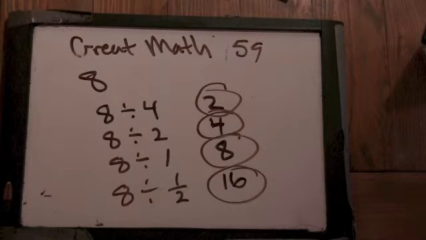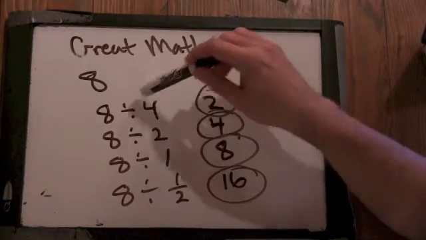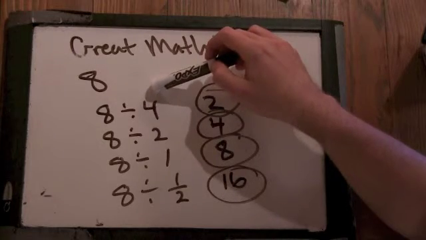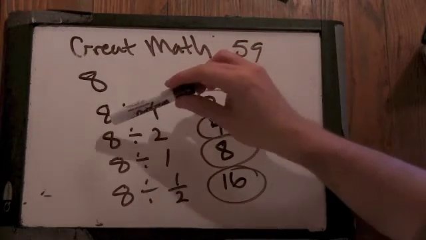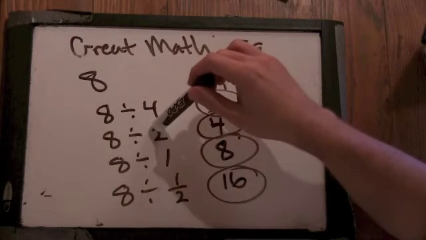There's lots of other ways you can think about it. One I just wanted to mention is splitting into groups. If I had 8 things and I split them into groups of 4, how many groups would I have? 2 groups. I had 8 things and I split them into groups of 2.